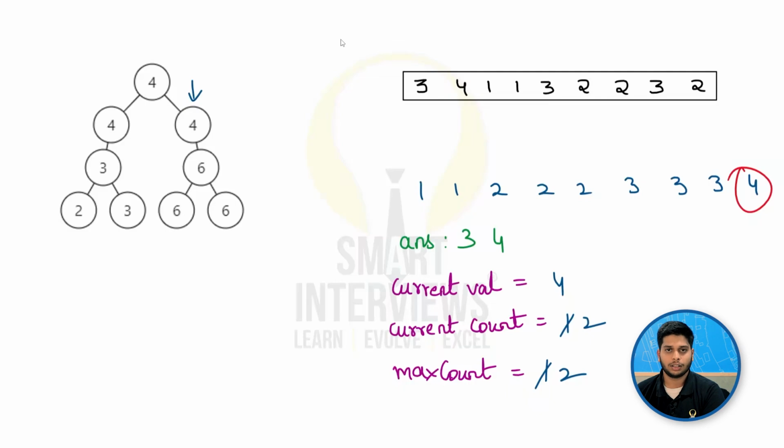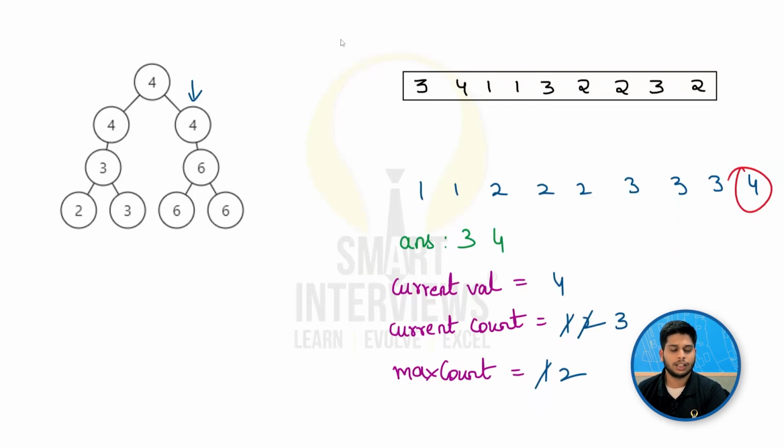That is the right of the root. And since we are following the in-order traversal, we are first supposed to move to the left subtree of this 4. And since we are not having any elements in the left subtree, we can directly process the current 4 itself. And as we see, the current value is same as the root value. So update the count. And here the current count is going to be 3.